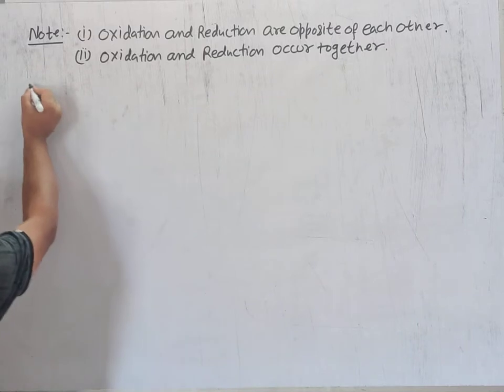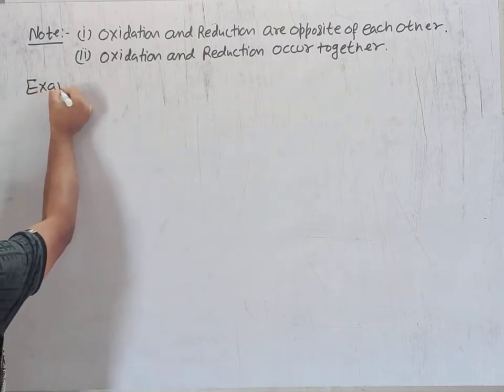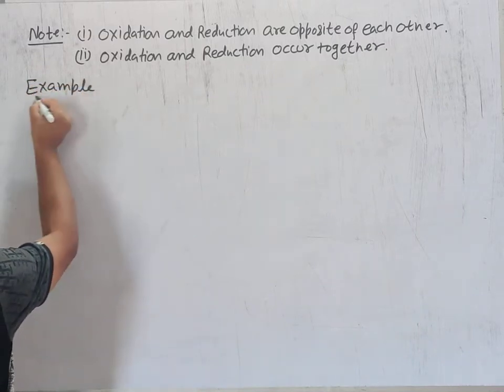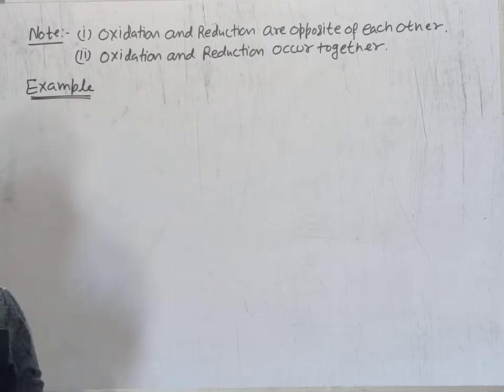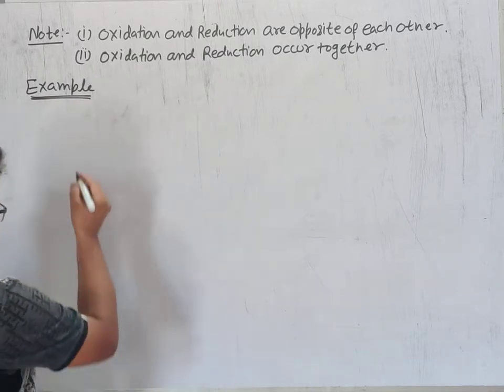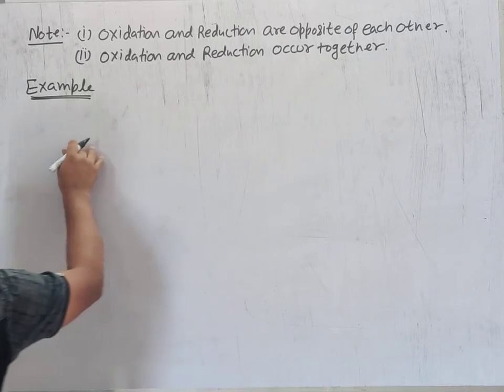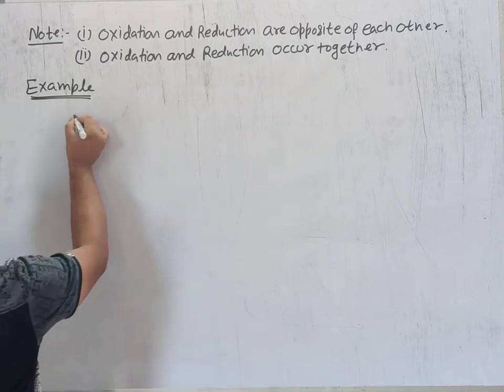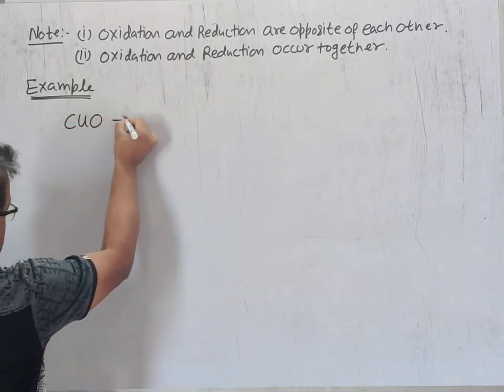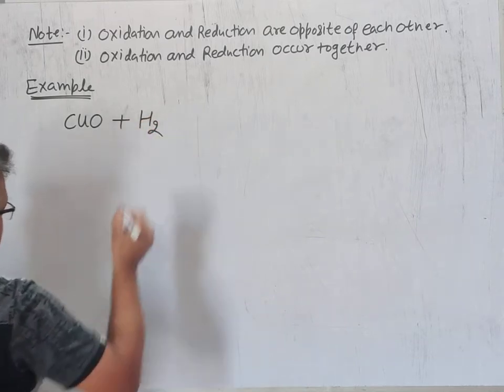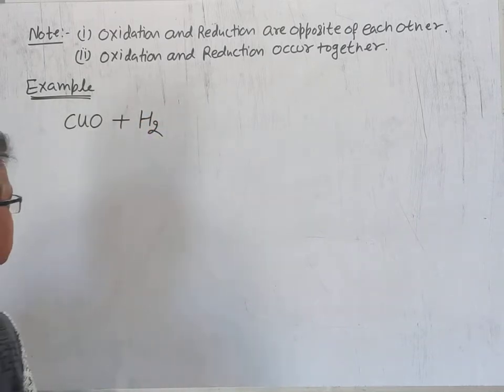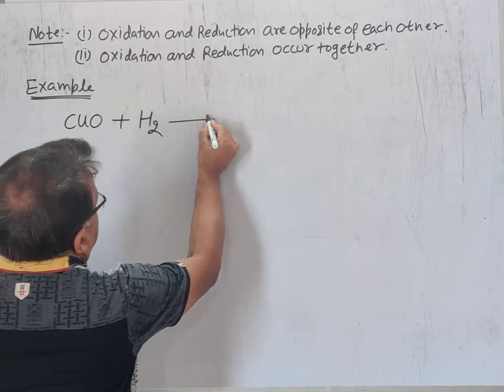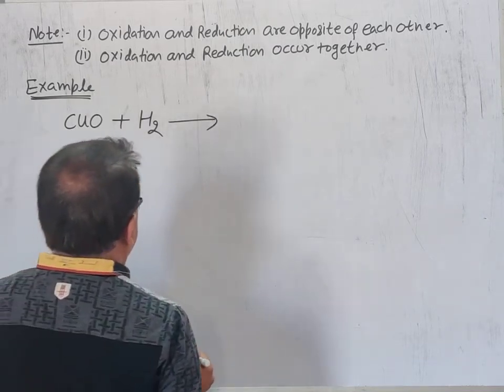Now we shall discuss an example of redox reaction. In example, let us take copper oxide, that is CuO plus H2. Copper oxide plus hydrogen, then what shall we get?